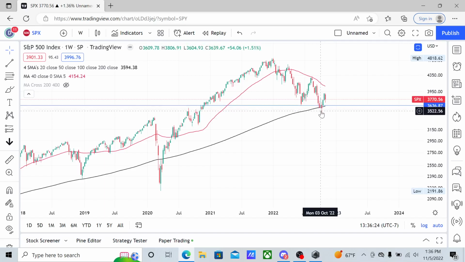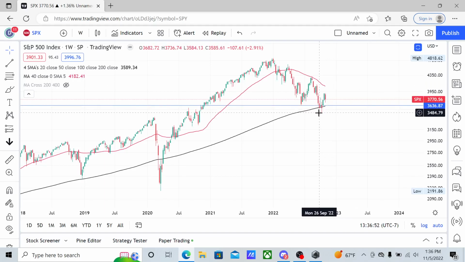So that 200-week moving average is a very strong indicator to tell you that you could be near a market bottom, or you could be at a point of capitulation. I don't know if it would be capitulation, but definitely it could be a determining factor whether it's the bottom and we're going to start to trend back upward.